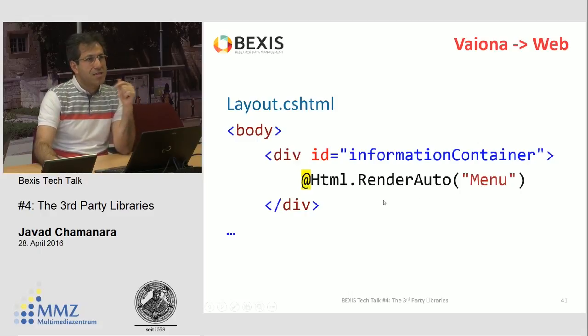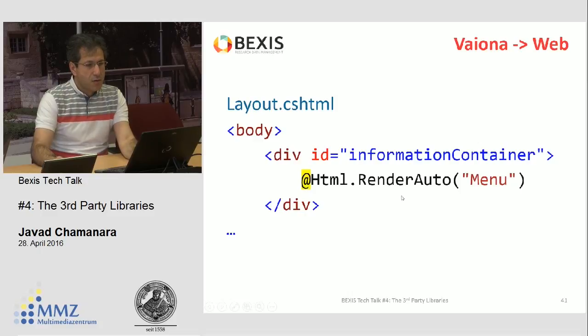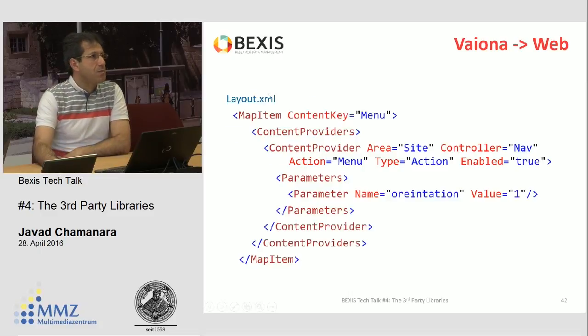And then with this key, render auto is a function that goes to this layout XML, looks for the map items, and then finds the proper key. In this case, content key menu will match that function call, and then it tries to see who is going to provide the content. In this case, the content provider is an action inside this area, this controller, and this action.